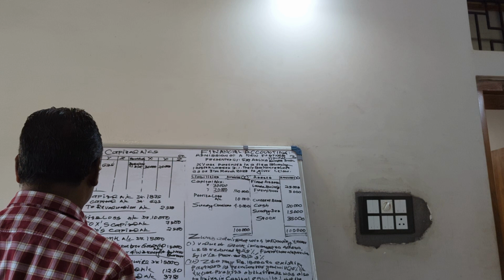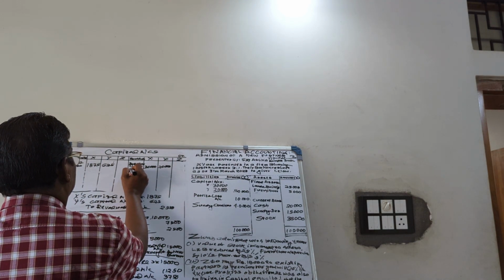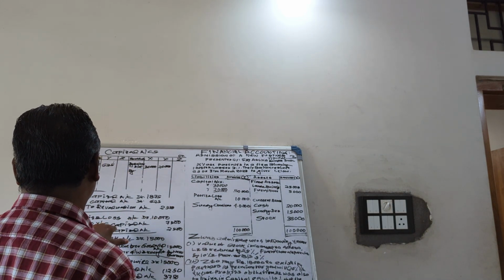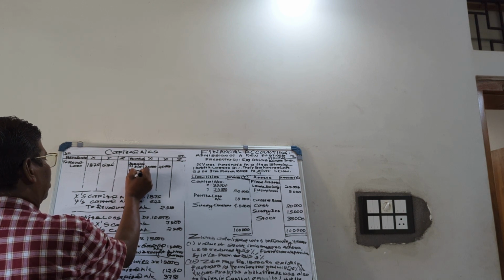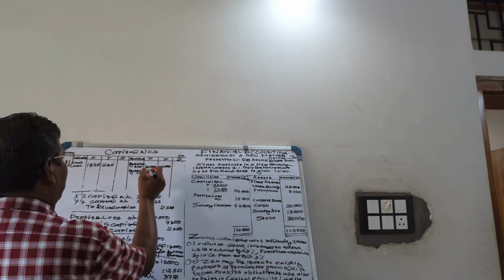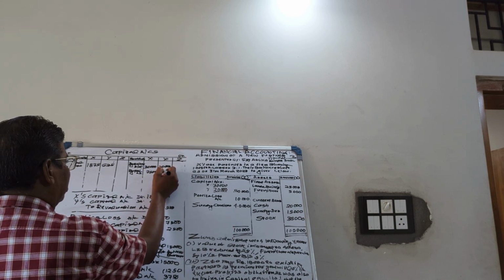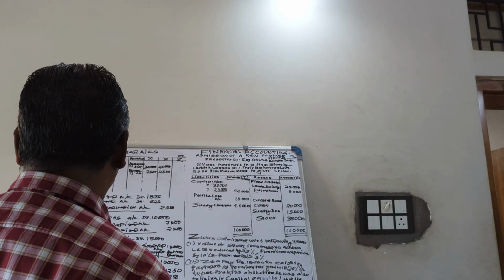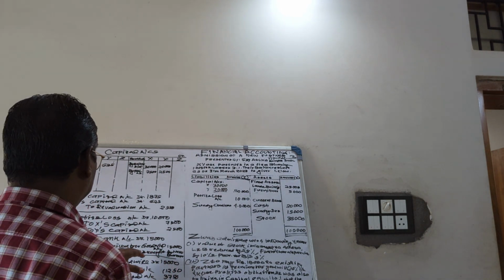Then undistributed profit: profit and loss account debited, X and Y credited by profit and loss, that is undistributed profit distributed. X will get 7,500, Y will get 2,500. Then the new partner will bring his share of goodwill, that is premium for goodwill 15,000, cash or bank to premium for goodwill.